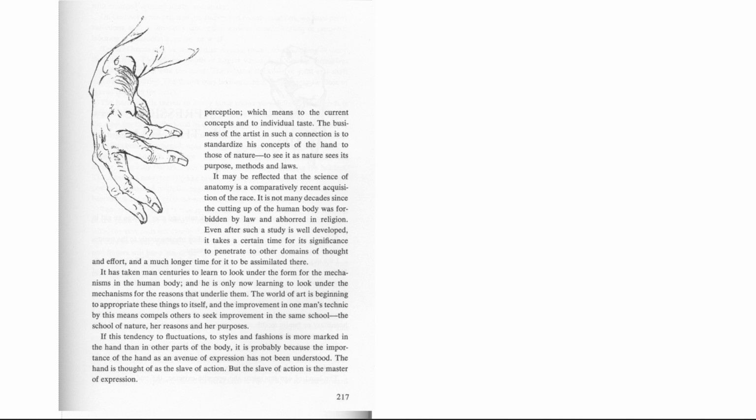This is around the first time that the human form has been dissected for the sake of learning about the anatomy. Now, there have been studies of the anatomy in the past, but for the most part, it was sort of illegal to do so, both by the church and by law.